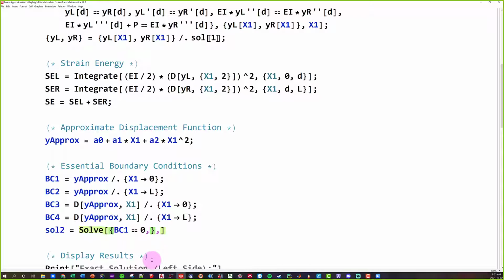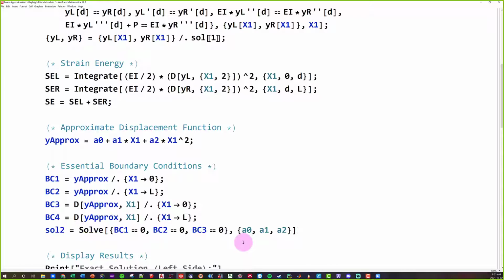We know it's 0. Boundary condition 2, which is the displacement at L. Well, we know that's equal to 0. Boundary condition 3, we know that that's also equal to 0. This is the rotation. So I only need 3 because I only have 3 unknowns: A0, A1, and A2.